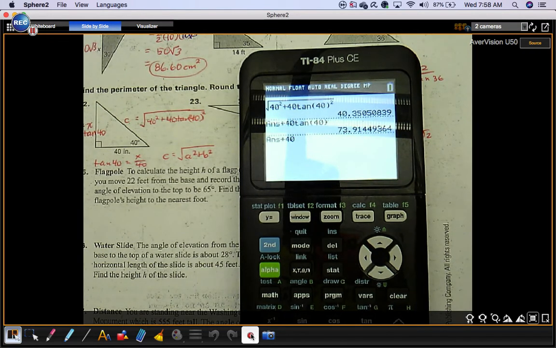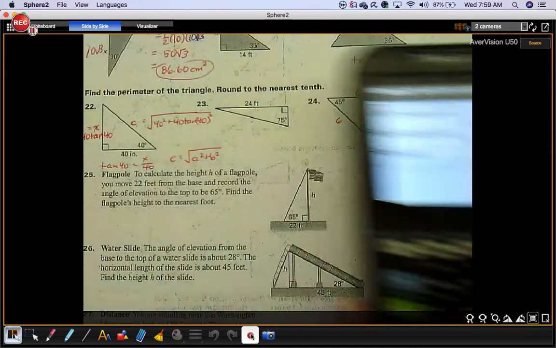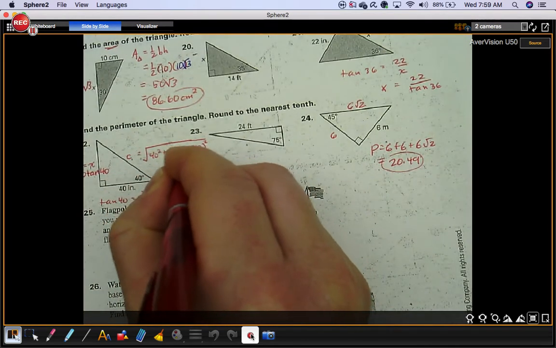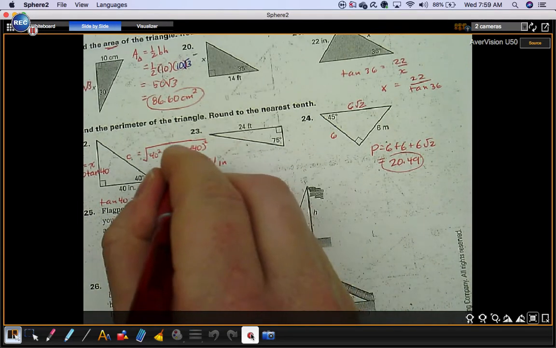I'm not rounding the sides and then adding them. I'm adding the exact side lengths and then rounding. So this is my exact answer. If you round it in between, you're going to get something close to this, but it's not going to be this. 113.91 inches.